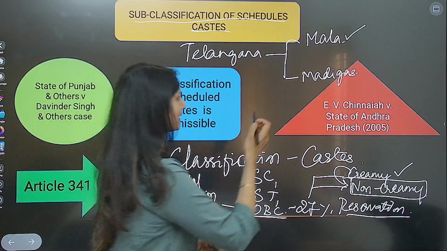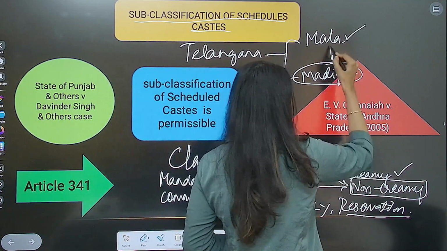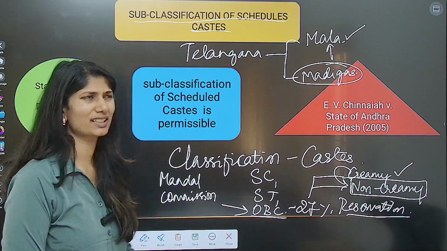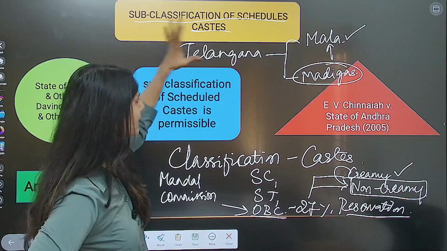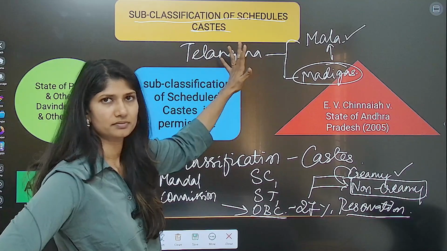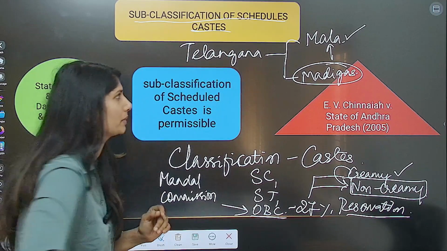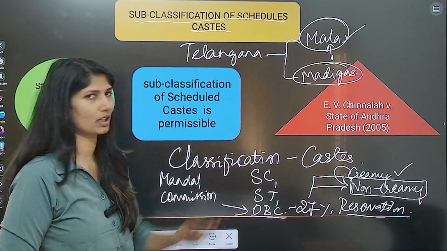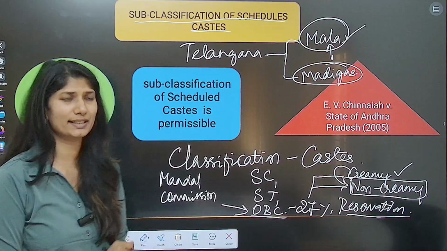So the Madigas are claiming that the others are getting higher benefits and they are not. Let's say there is 10% of seats for scheduled castes, just an example, and this section is predominantly getting more advantage over us, is what they are claiming.